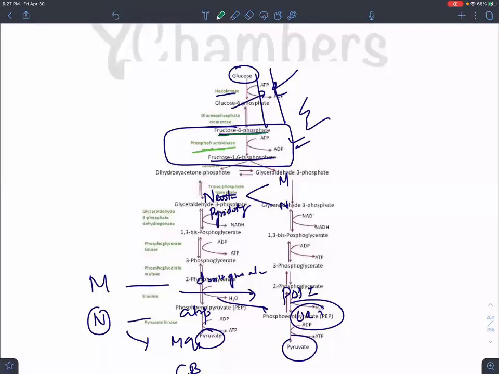If you are inducing phosphofructokinase, you will actually be accelerating the conversion of fructose 6-phosphate to fructose 1,6-bisphosphate. Is it clear?